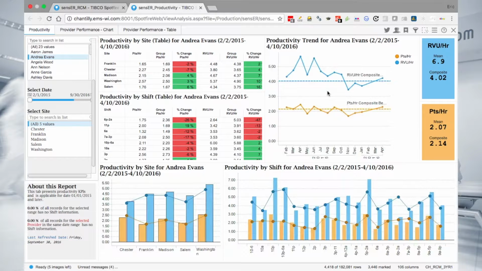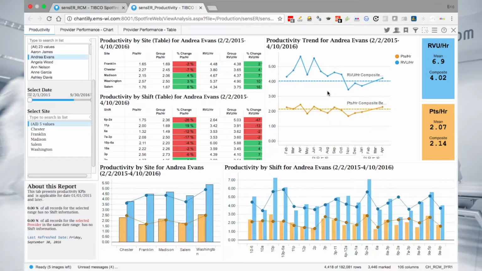Then we use this information to calculate the performance of the group at that particular shift and site distribution. So if the provider worked a particular combination of shifts and sites, we calculate the relative contribution of any of those shifts to their overall productivity by calculating how the comparison group would perform with the same shift distribution.